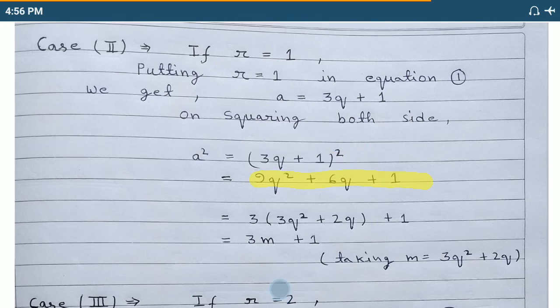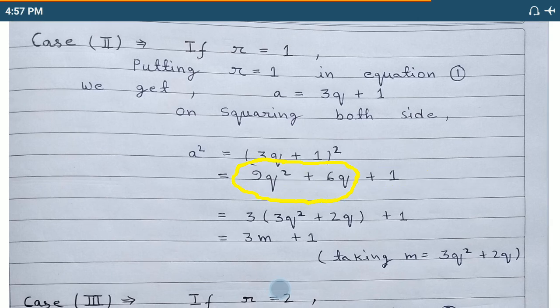and after opening the square of this binomial expansion, it comes out 9q square plus 6q plus 1 by applying the formula of a plus b whole square.